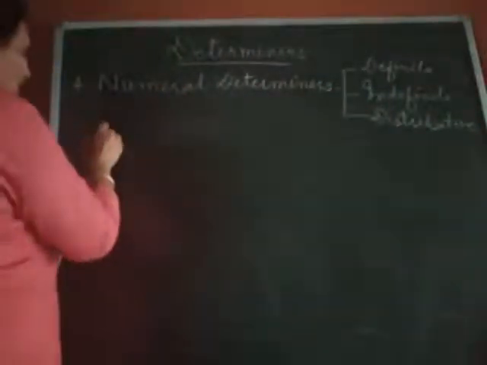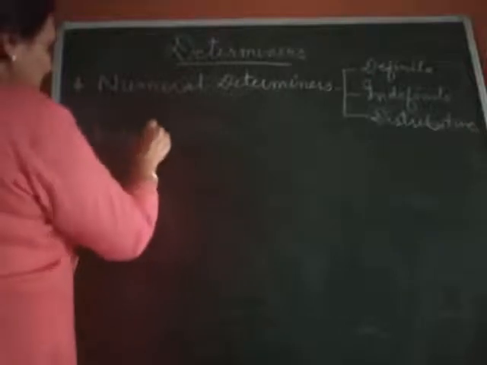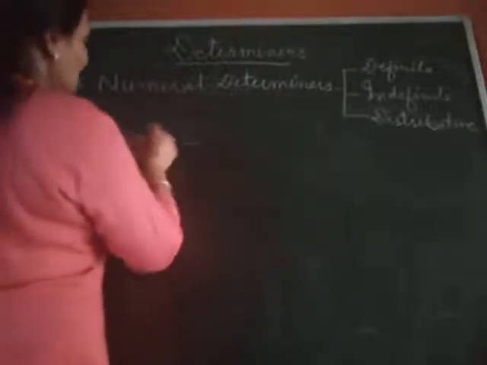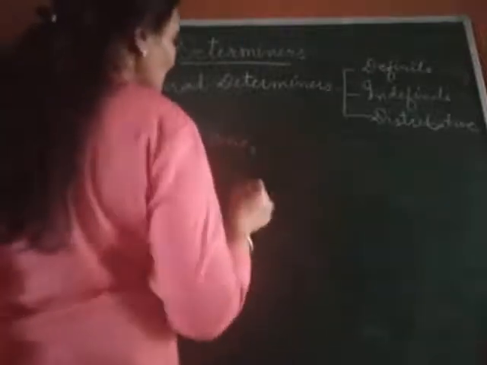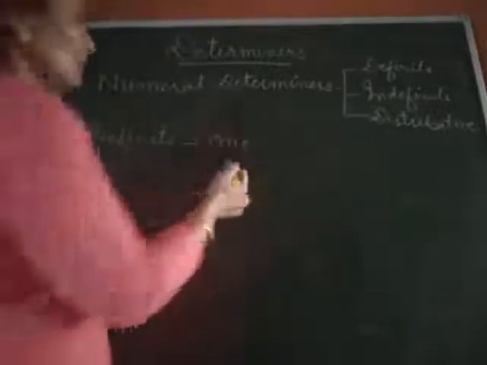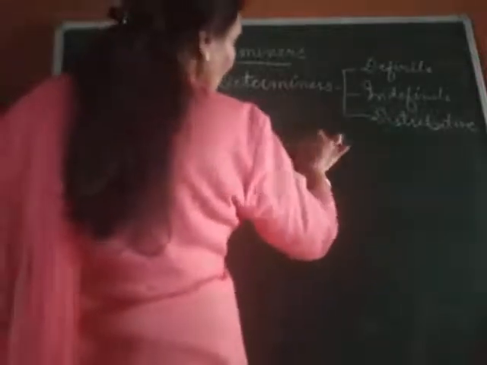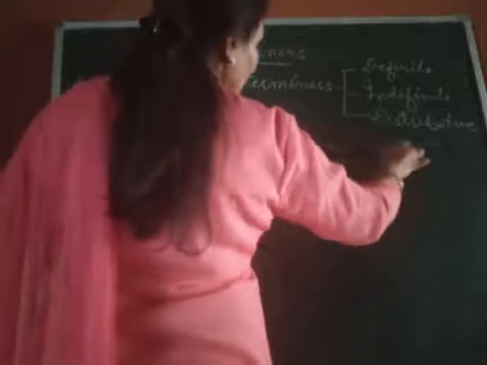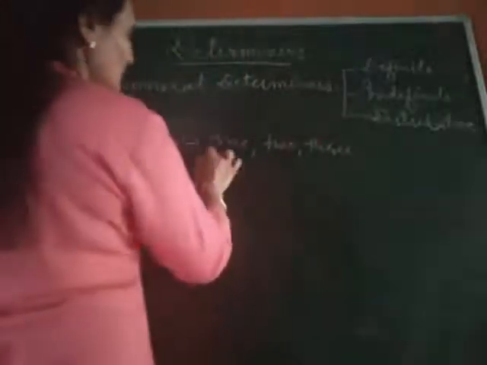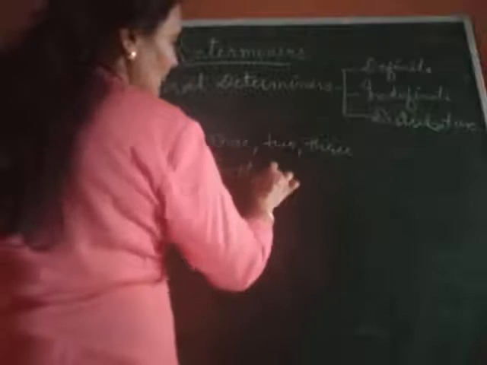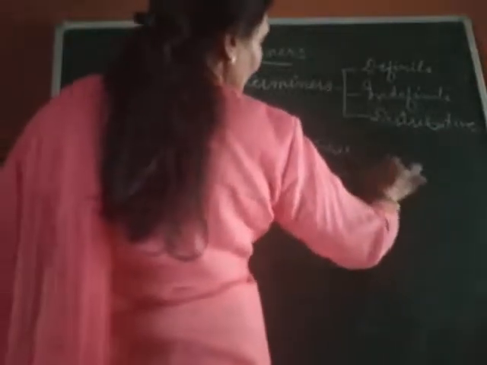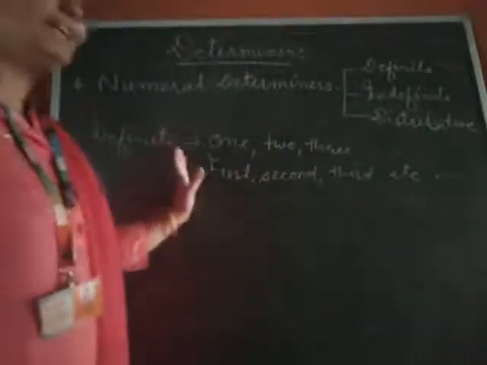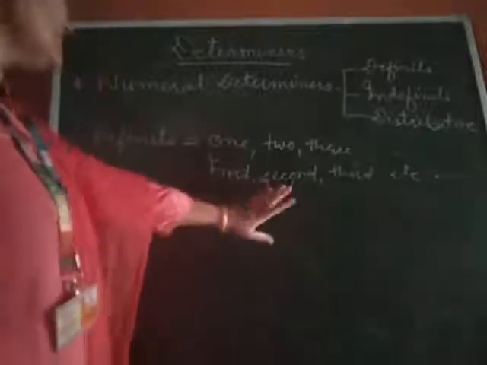Numeral determiners are of three types: definite, indefinite, and distributive also. Definite numeral determiners.